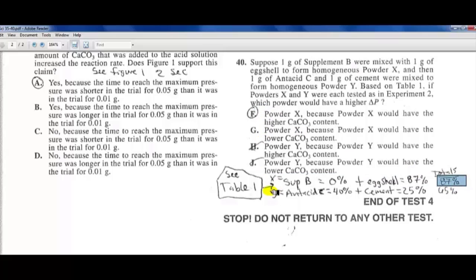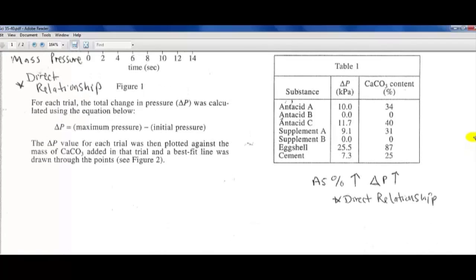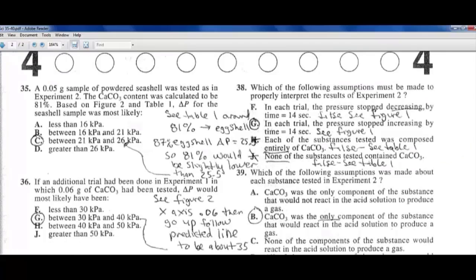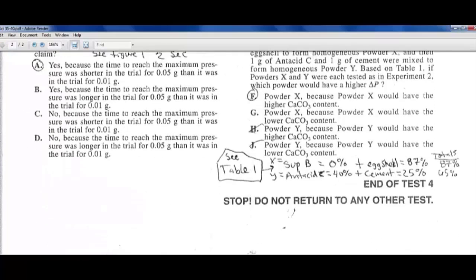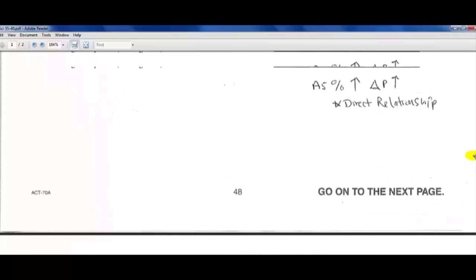Let's go ahead, calculate the same thing for Y. Antacid C. We'll scroll on up, find antacid C in Table 1. And antacid C in Table 1 gives you 40% CaCO3. Let's go ahead and write that down. Y equals 40% antacid C, which is CaCO3. Then we're going to add that to cement. We'll go back up to Table 1, find cement.